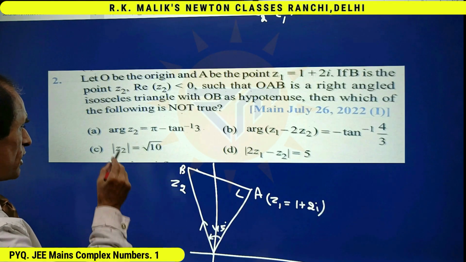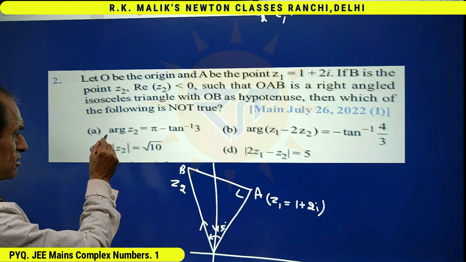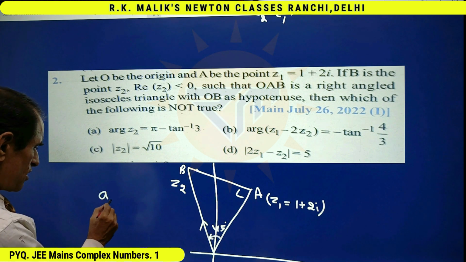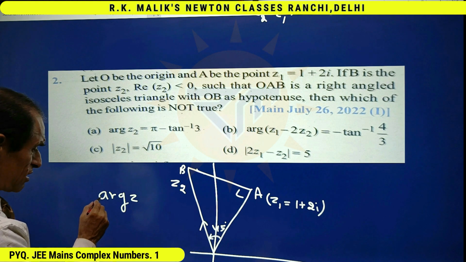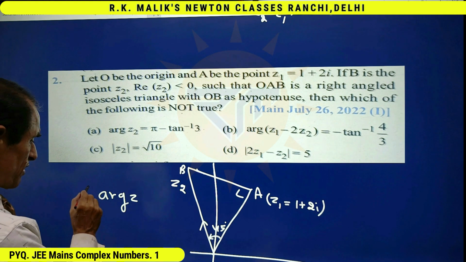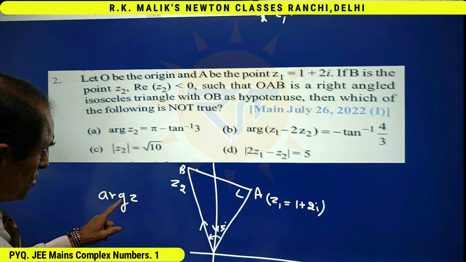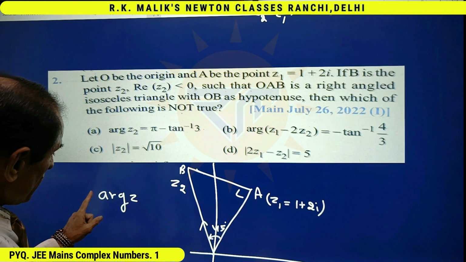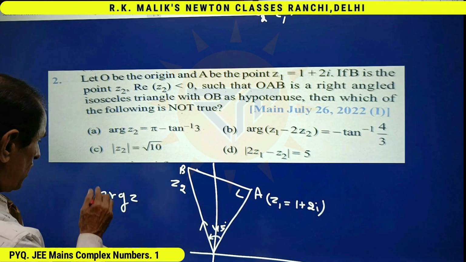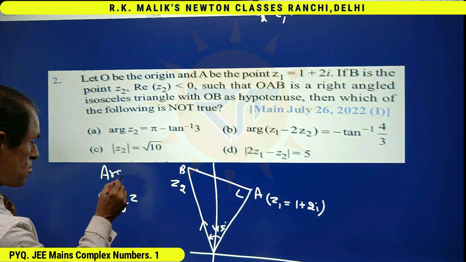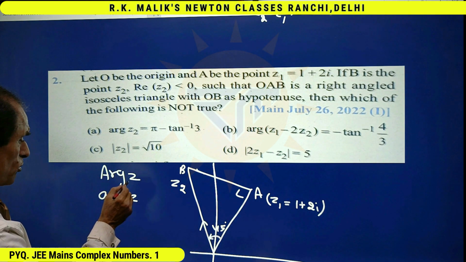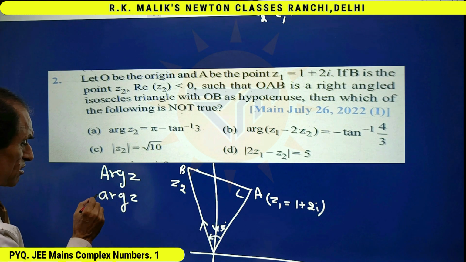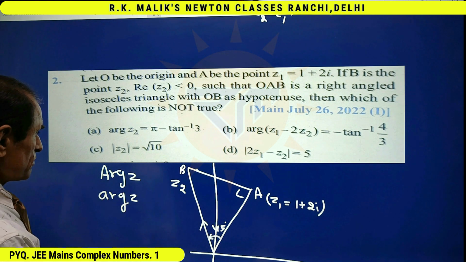Note that the examiner has written arg Z. That is, he has clearly written small a, and small a means he is telling us to find the principal argument. If he says capital A, this will mean that he wants the general argument, and small a means he wants the principal argument.